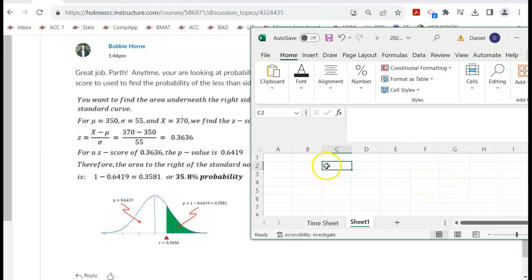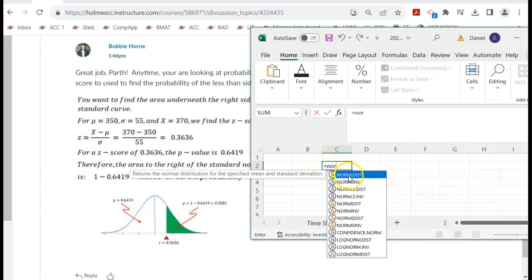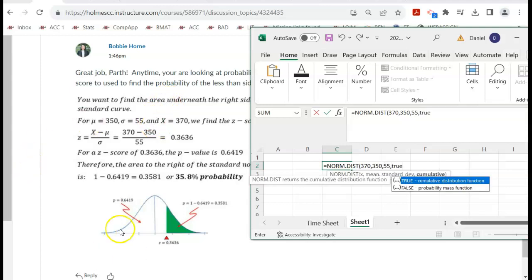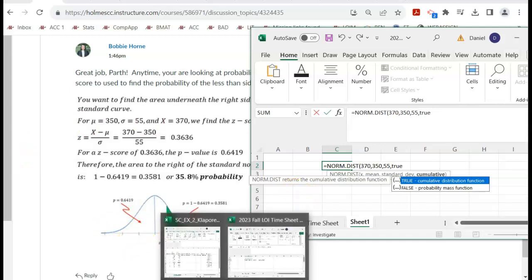So if you did equal norm dot dist and you put in X, which is 370, you put in the mean, which is 350, and you put in the standard deviation, which is 55, and then you want to put in true, because I want to get everything up to this point, everything in white, the less than side.